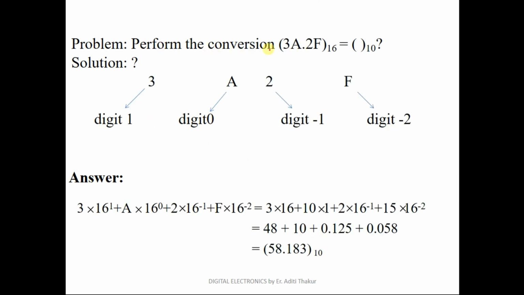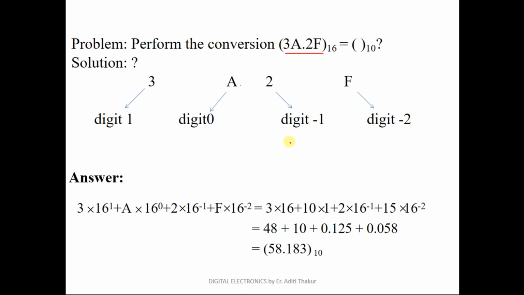Now similarly we can also take an example of a hexadecimal number which consists of a point. So here 3A.2F is a hexadecimal representation and we want to get its decimal equivalent. Now A is your digit 0 and 3 is your digit 1. After this decimal point your digits will be -1 and then -2 and so on.